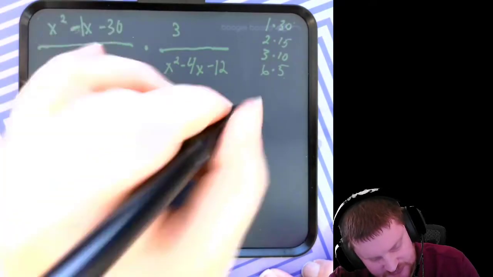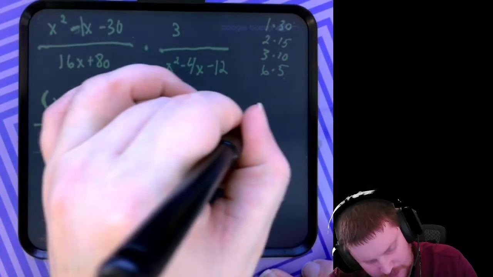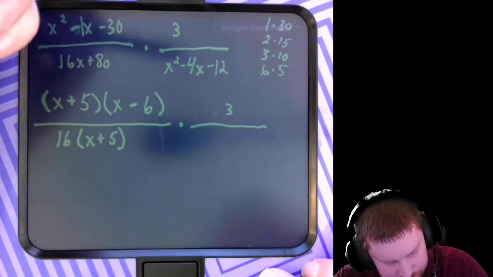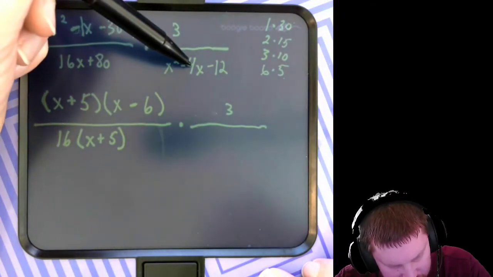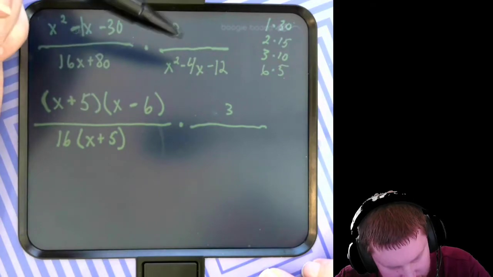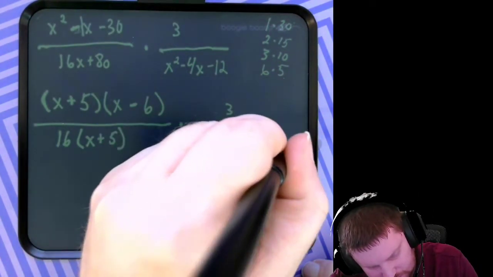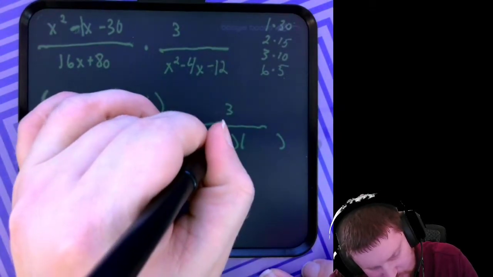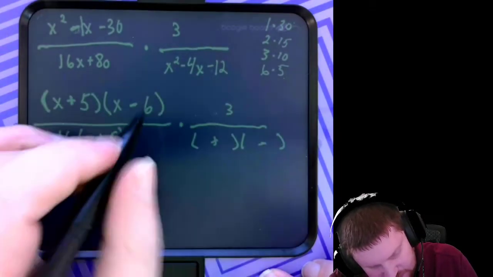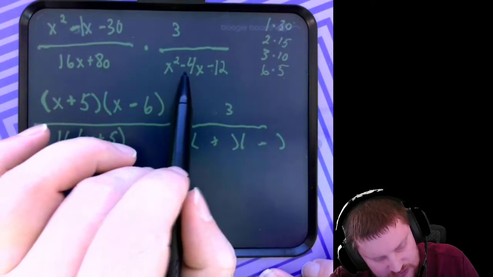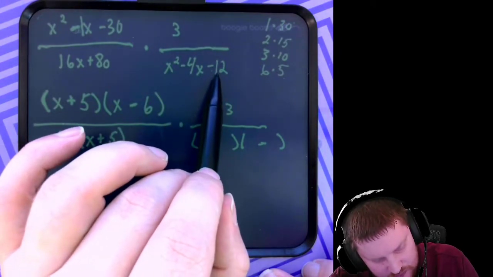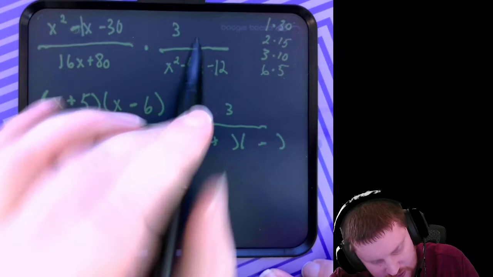Finally, we have something that does not factor. It's just a 3 over x squared minus 4x minus 12. So once again, trinomial factors into a pair of binomials. Minus at the end says one is plus, one is minus. And this tells me that I need the factors of 12 that are 4 apart from each other.